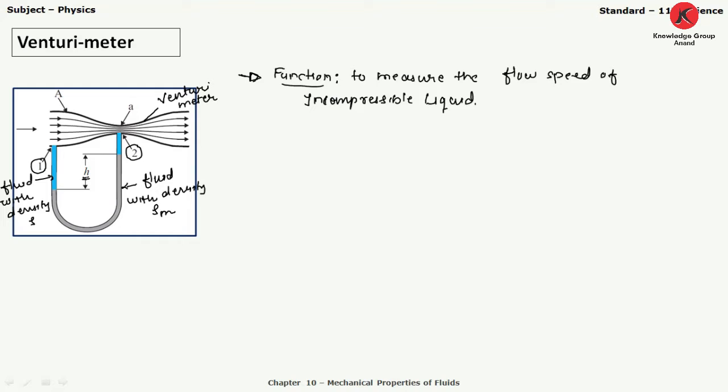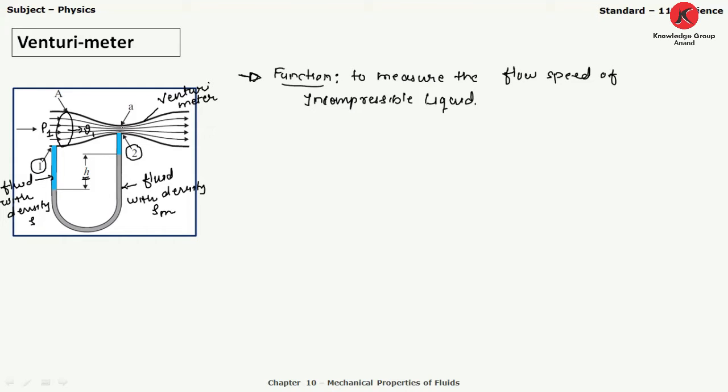And here we are going to consider two different areas in Venturi meter. Broader area will be like this in Venturi meter, and the pressure of this flowing fluid is P1. Area of this particular part in Venturi meter is A, and velocity for flowing fluid that we will consider is V1.